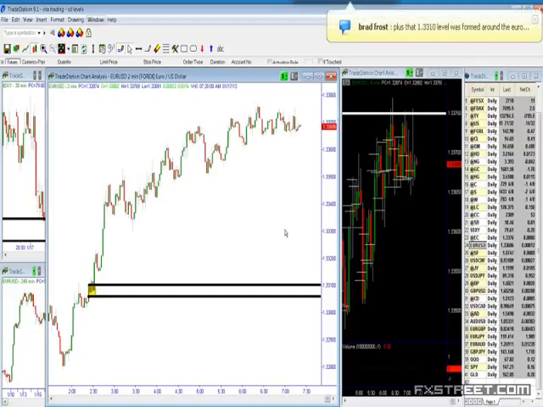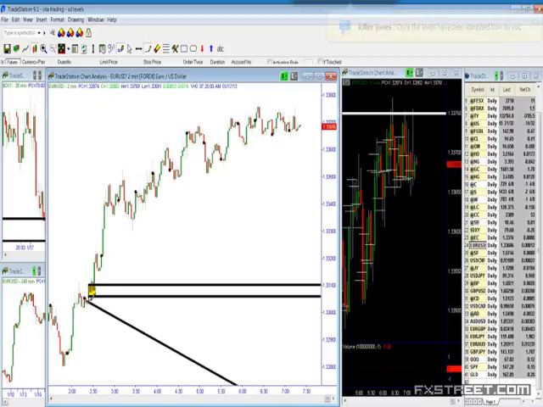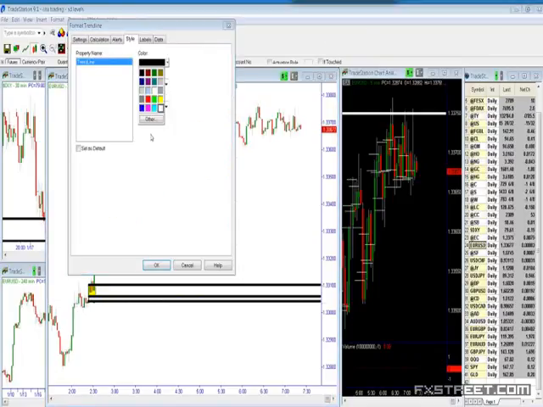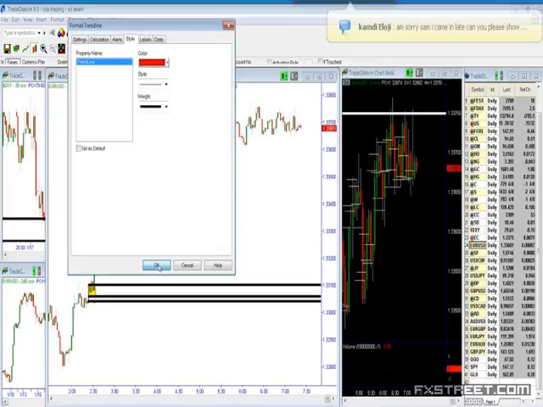So then the way we enter the position is this. Let me put this in. And here, let me put that in. So the red line would be the stop.